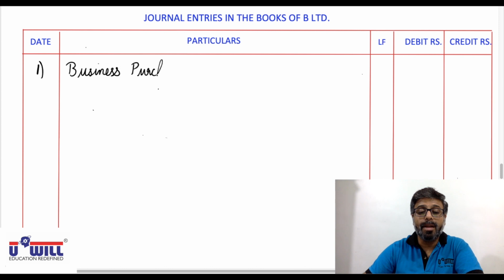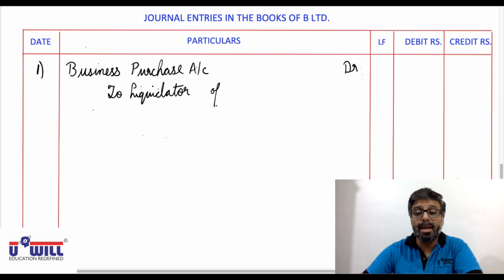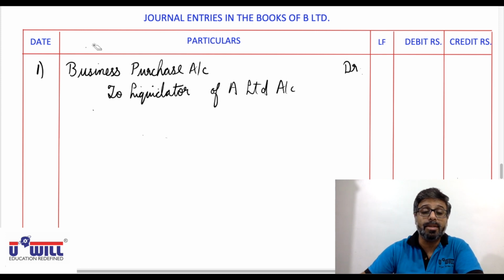and the amount is payable. Payable to the liquidator of transferor company. Credit the payable. So to liquidator of transferor company, that is A Limited account, with the amount of purchase consideration.